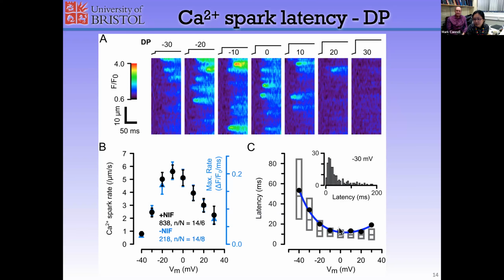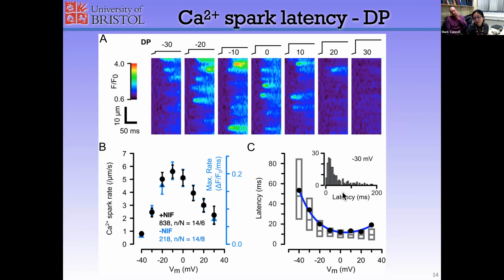Another point to note is that the distribution of the calcium spark latencies at any given potential is right skewed, and this is reminiscent of the distribution of early and late calcium channel openings.